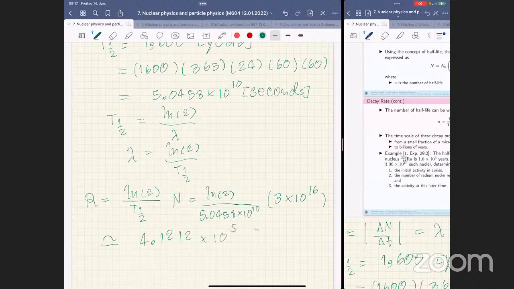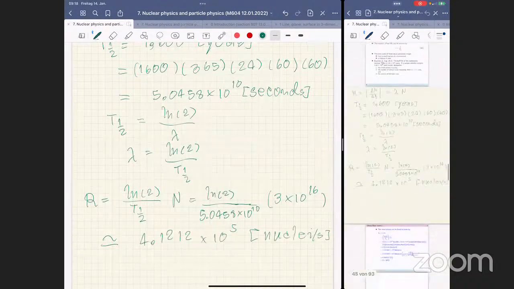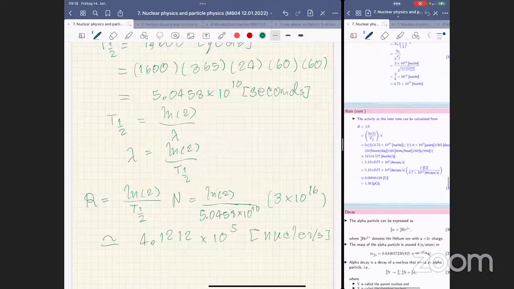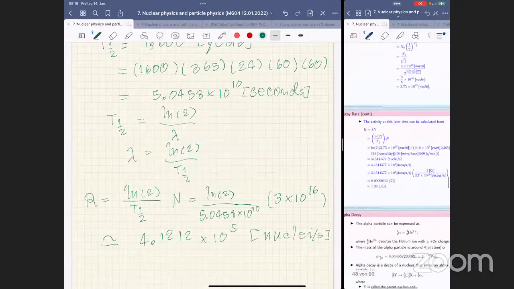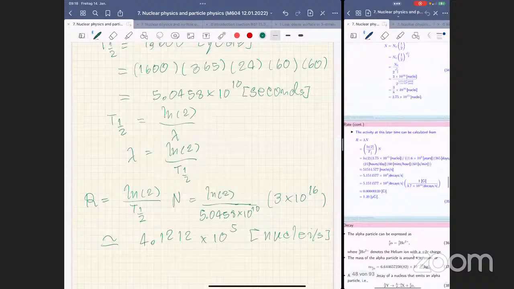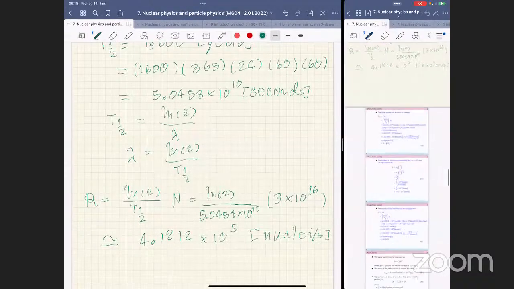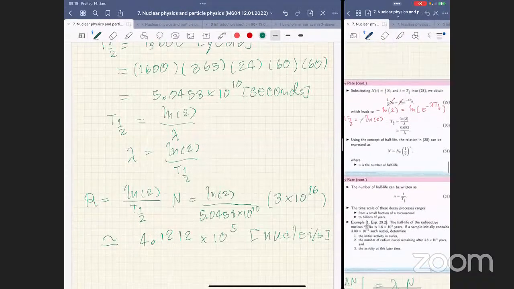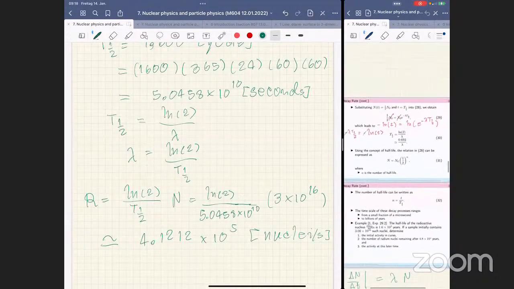Okay, that's nuclei per second, decays per second, right? Is that correct? Oh no, where is 3.0?